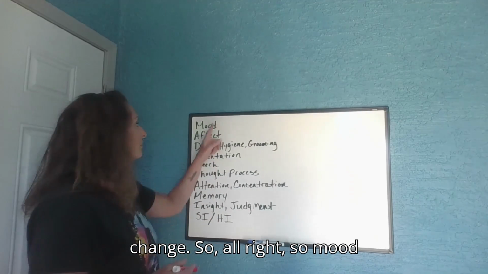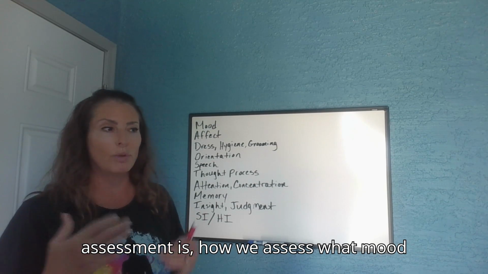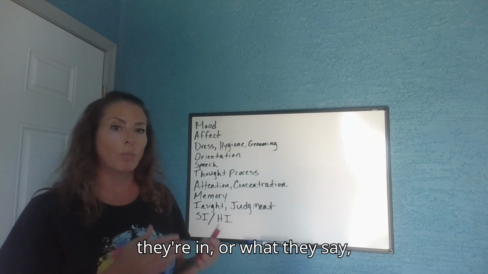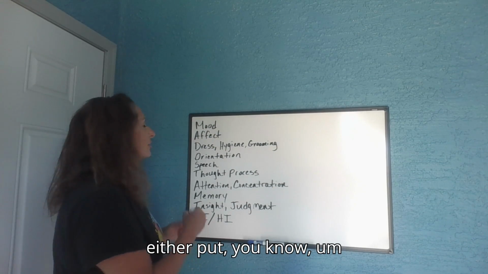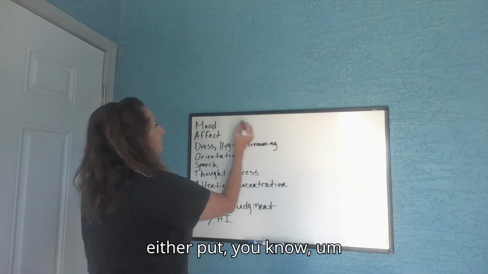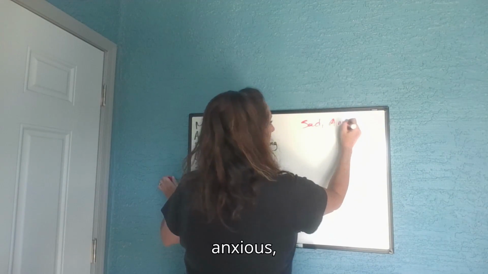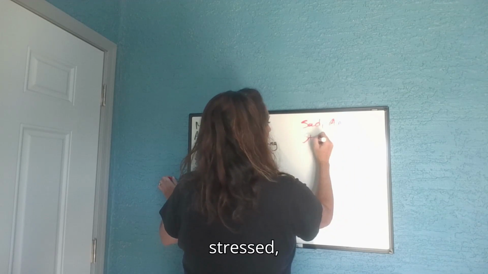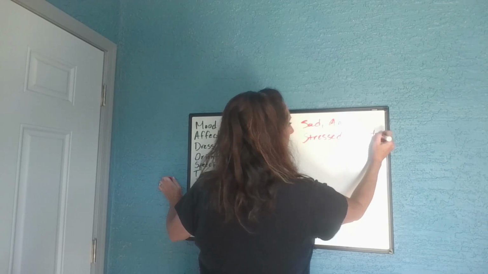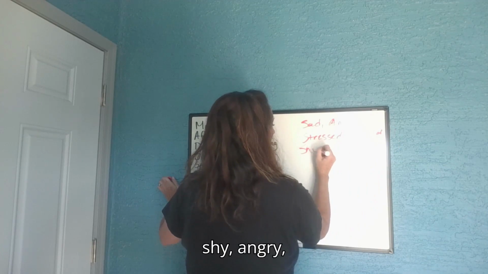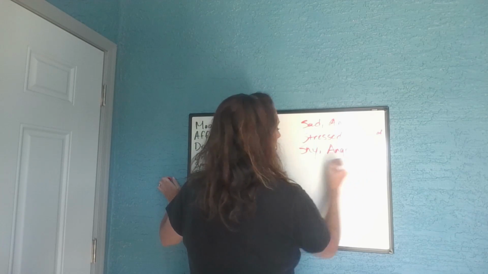So mood is going to be either how we assess what mood they're in, or what they say the mood is that they're in. So mood could be, let's say, sad, anxious, stressed, guarded, shy, angry, frustrated.